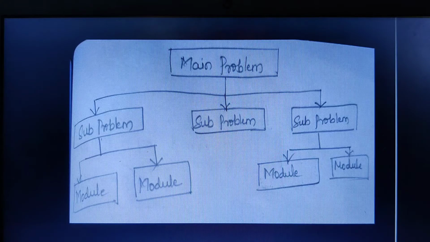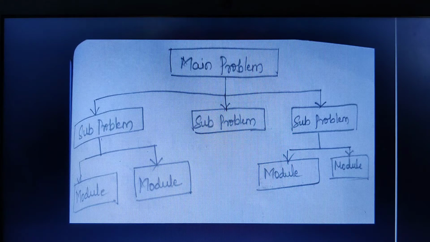Now moving on to the advantages of using top-down design. The first advantage is that top-down design imitates the human tendency, wherein we figure out the given problem and then divide it into simple problems that subsequently help us go into the details.